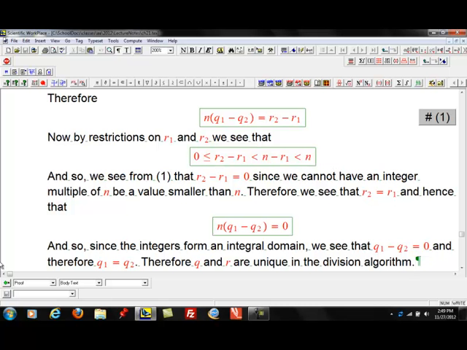For D1, the characteristic is not 0, is it? Yeah, it is 0. Because it's infinite. You're actually going to show that n times 1 is greater than 0 for every integer n. How do you show that? Induction.